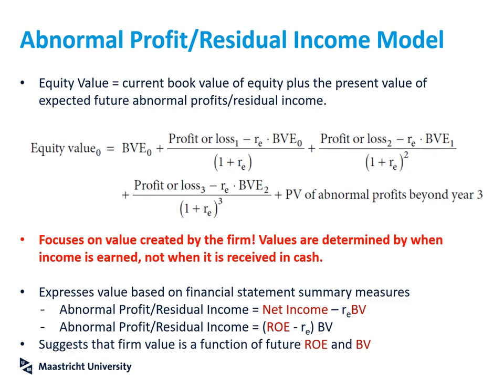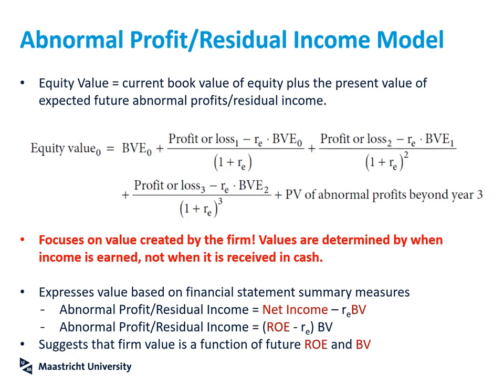Now, given all of this, you can also see then that the book value of equity is sort of the benchmark against which we can evaluate equity value. And you can see then that in order for the equity value, so the market value of the company in the stock market, to be higher than the book value of equity, that must mean that the company is able to earn abnormal profits or residual income.